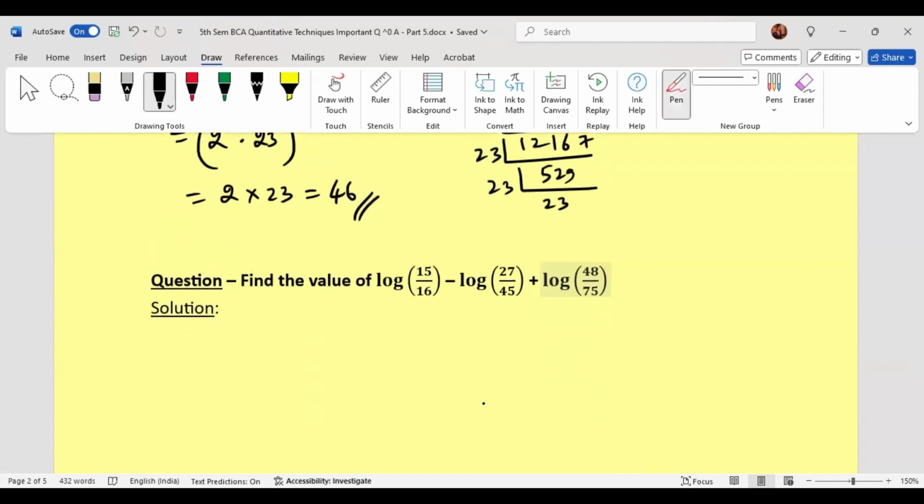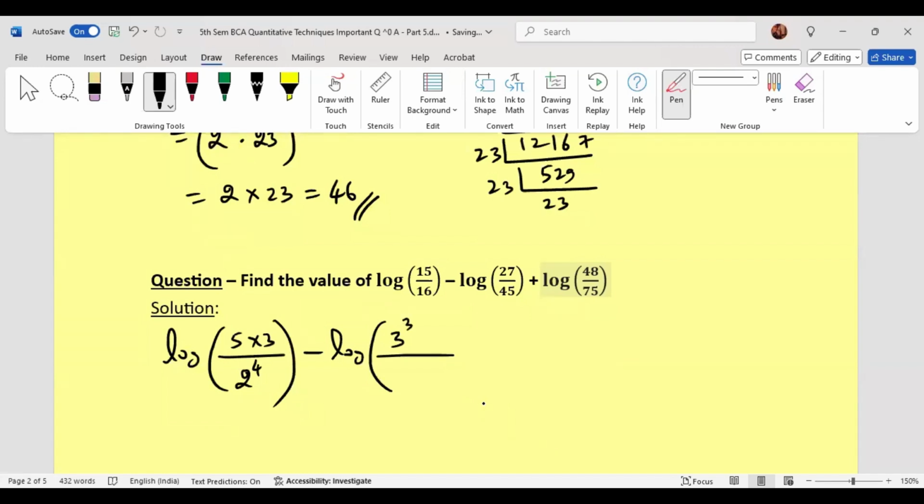So we will rewrite this as 15 can be expressed as 5 into 3, 16 can be written as 2 power 4, minus logarithm of 27 can be written as 3 cube, 45 can be written as 5 into 3 square, which is 9. So 5 nines are 45. So that's why we wrote 3 square. Plus logarithm of 48 can be written as 16 into 3.